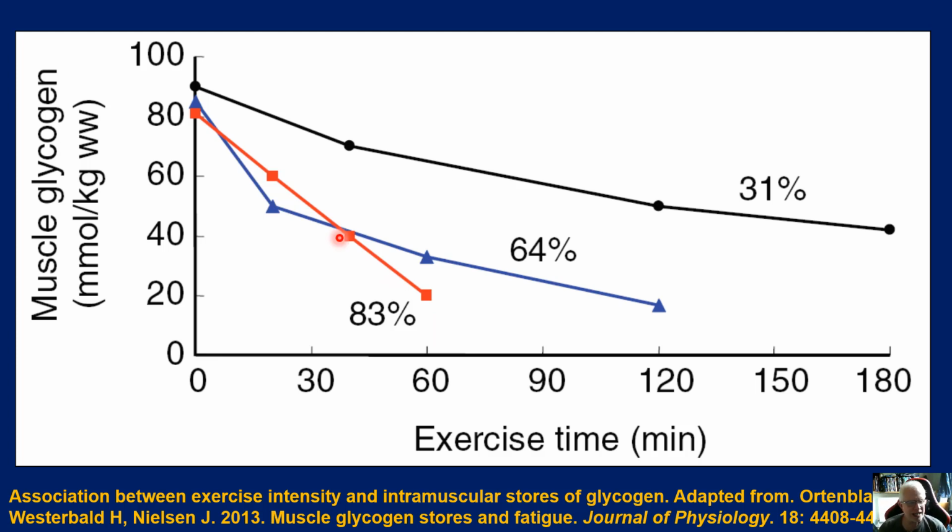Yet what you see is even at 31% VO2 max, it's not marked, but you see a decrease in muscle glycogen content. You go up to 64%. So I would hazard a guess at 64%, they are probably still below the lactate turn point. You see a significant decrease in muscle glycogen.